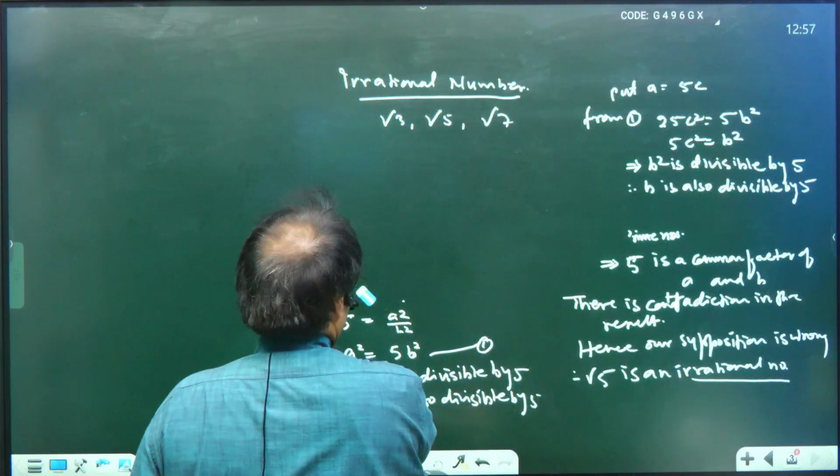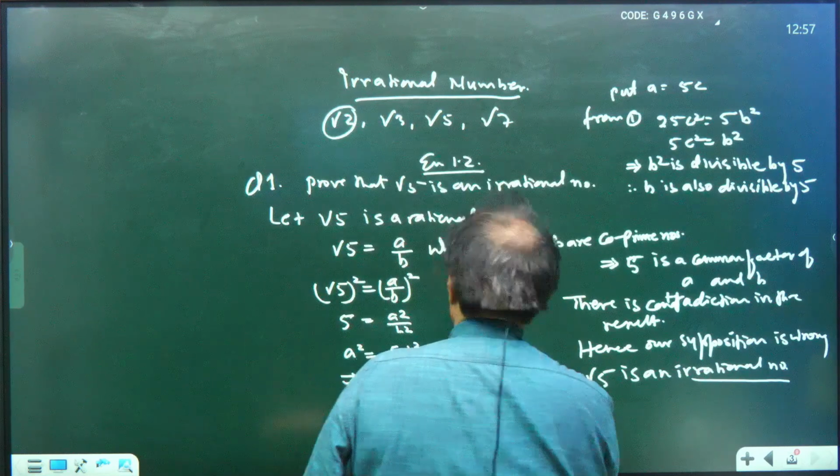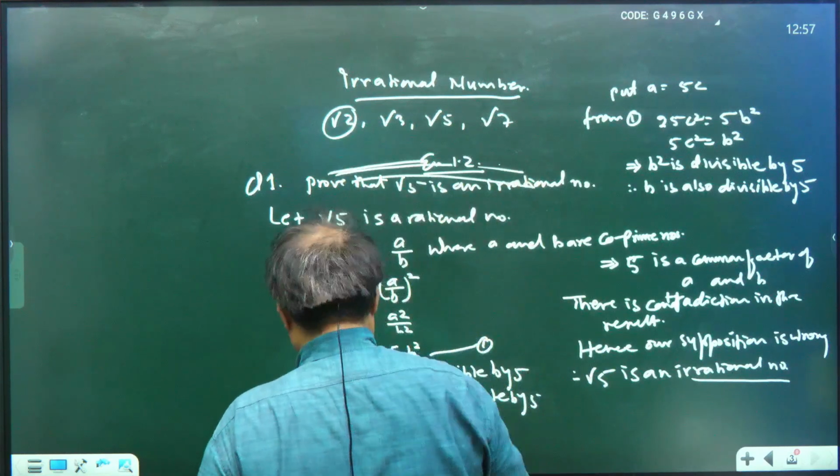So in this way, you will get the revision as well, and you will have no doubt also.